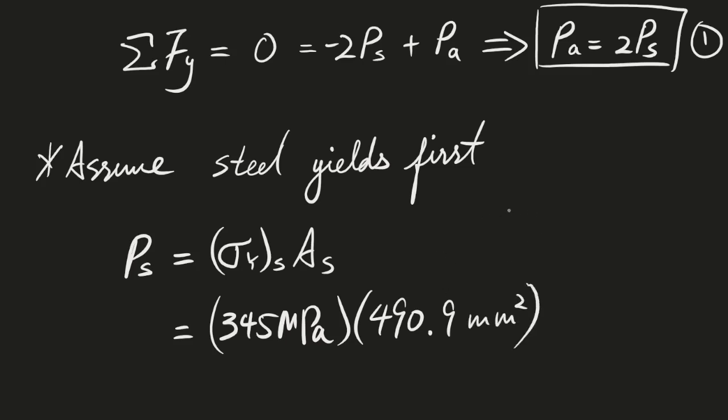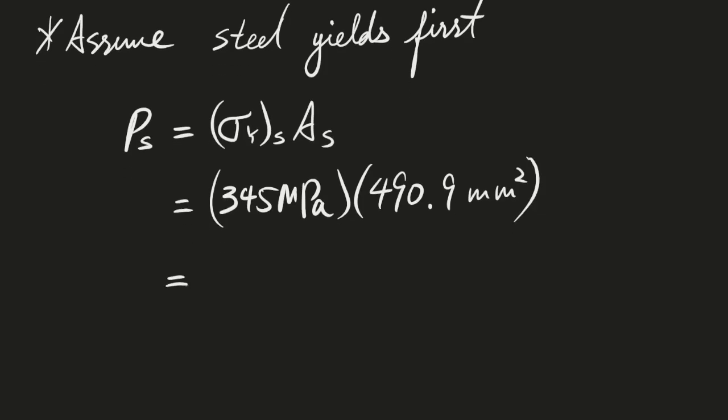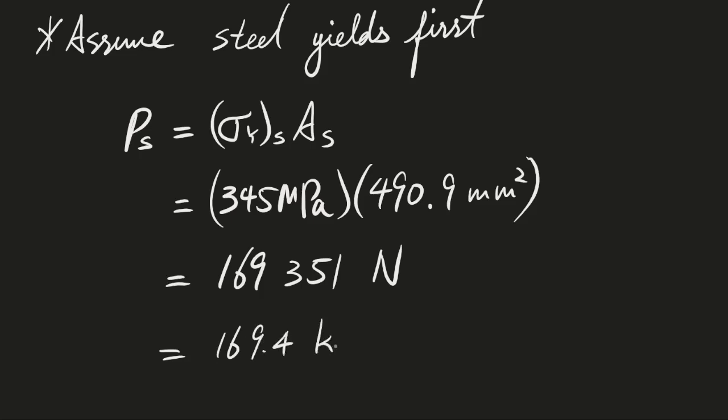So what I'm doing here is basically Hooke's law, which says stress is equal to force over area. If I just move area to the other side, I get force left alone. So this allows me to find that PS is 169,351 newtons. That's the same thing as saying 169.4 kilonewtons.